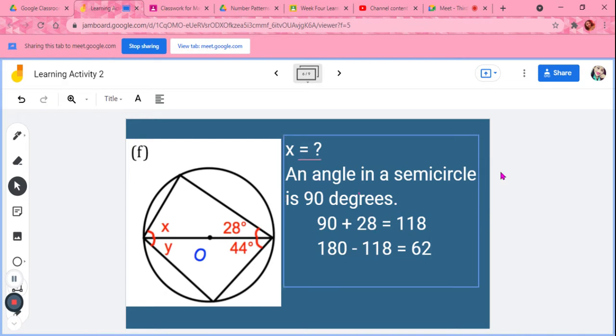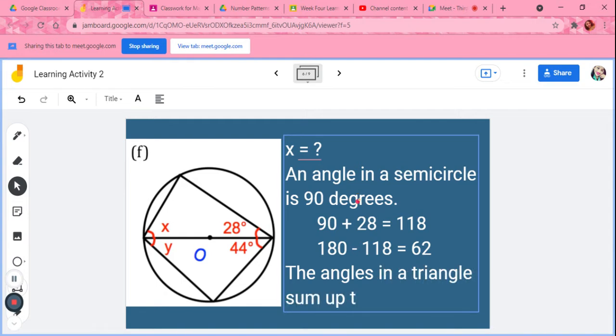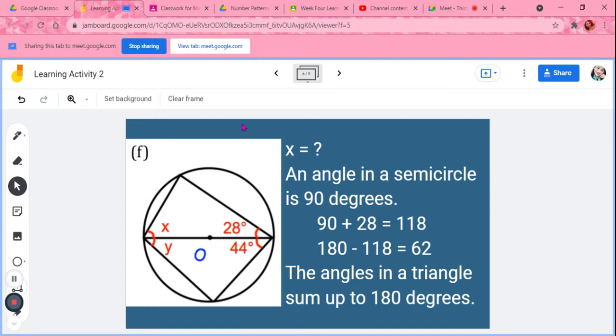And then I would write my reason: the angles in a triangle sum up to 180 degrees. Any questions? No, Miss. So this is for x.